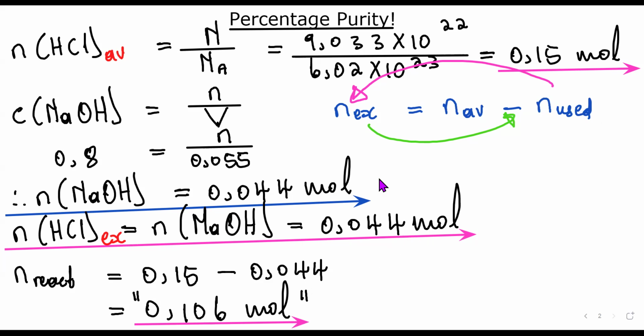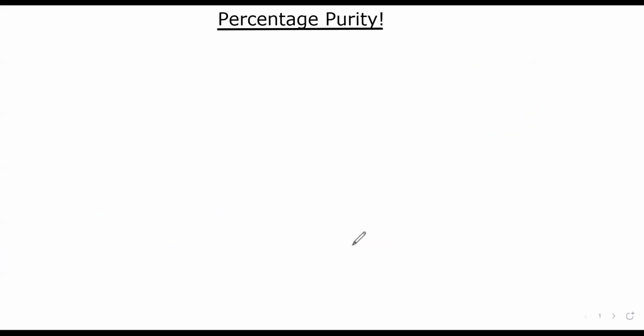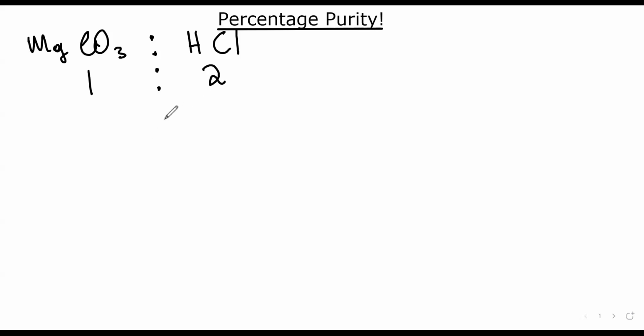And looking at the balanced equation between magnesium carbonate and the acid, we can see that the mole ratio of magnesium carbonate to hydrochloric acid is actually 1:2, yes? So 1 mole of the base for 2 moles of the acid.